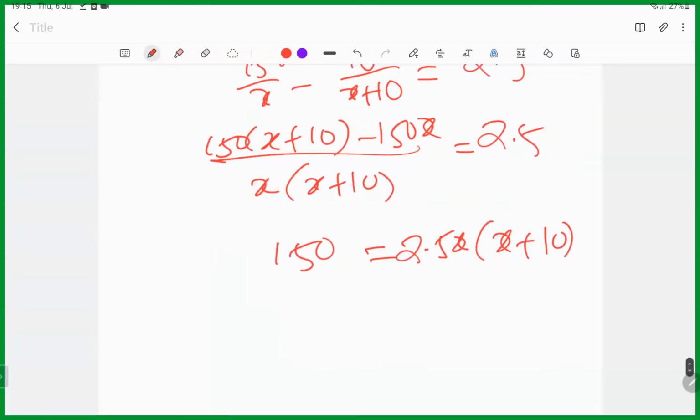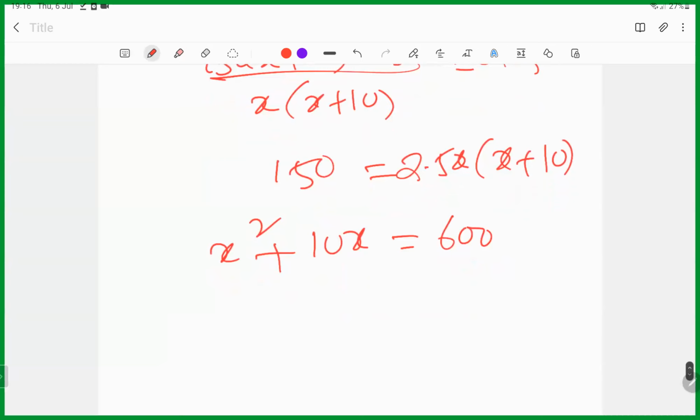The 150x will be cancelled out now. So finally the equation is x square plus 10x equal to 600. If you solve this one, you get x equal to 20.